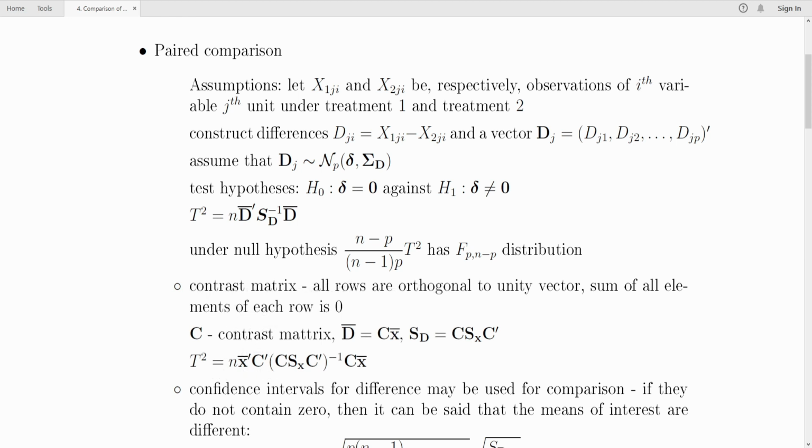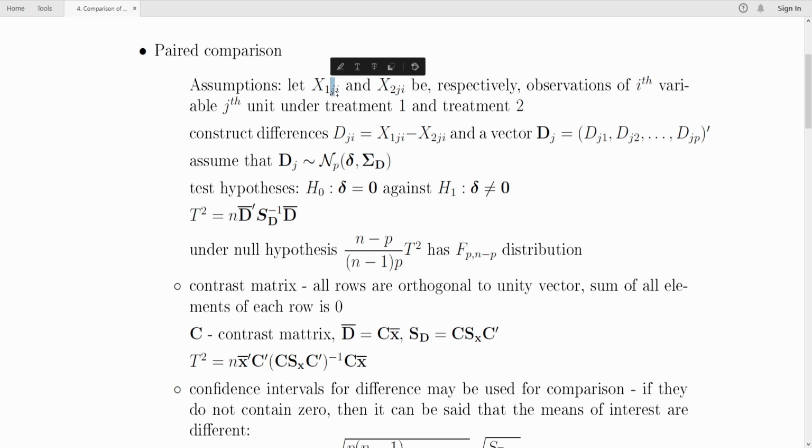So let's now generalize that case for more than one variable, when we have p variables. Now we need to introduce one more subscript in order to see for what variable and what treatment the observations are. The first subscript is going to represent the treatment, for example this is treatment 1, this is treatment 2.